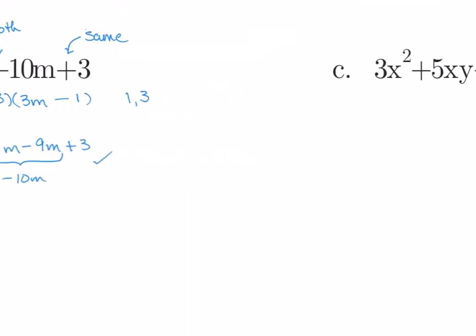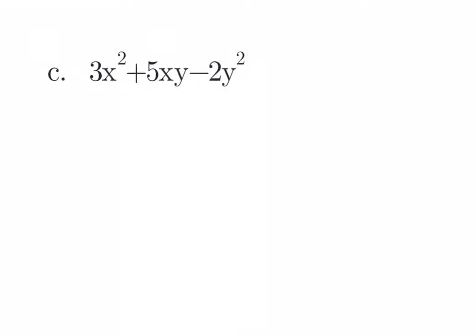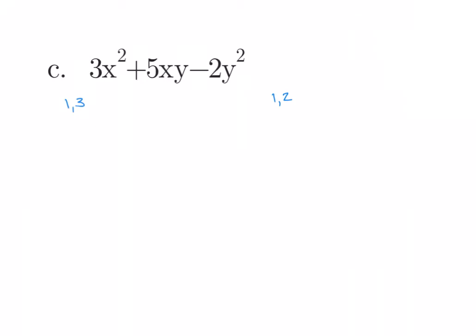All right, last one. Example C. All right, things that multiply to 3 is 1 and 3. Things that multiply to 2 is 1 and 2. So now if we go ahead and place our factors, let's see what we get. 3x squared, that's going to be 3x and x.